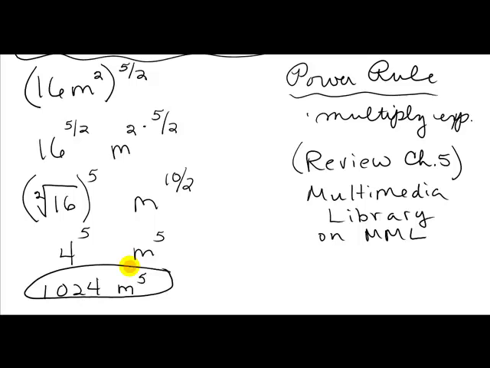So if you don't know those well, then you really want to review those. You really need to know these. You need to be able to recognize the difference, especially between the power and the product. So just keep that in mind.